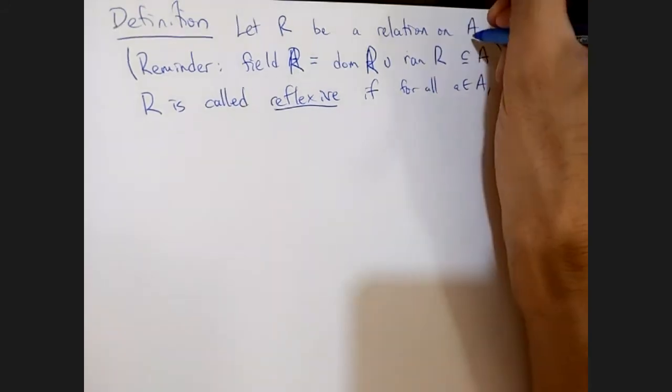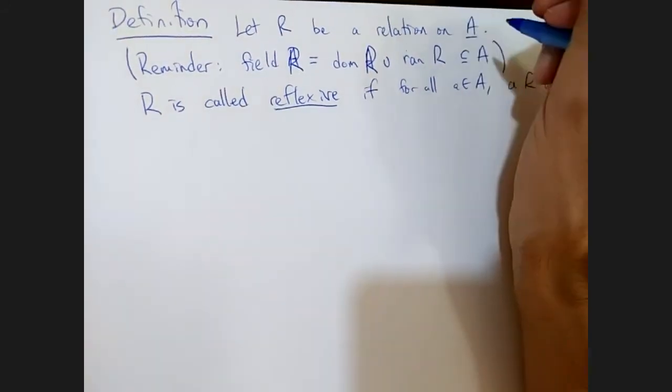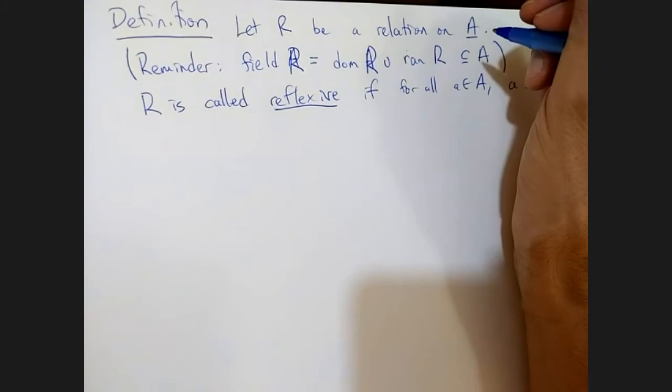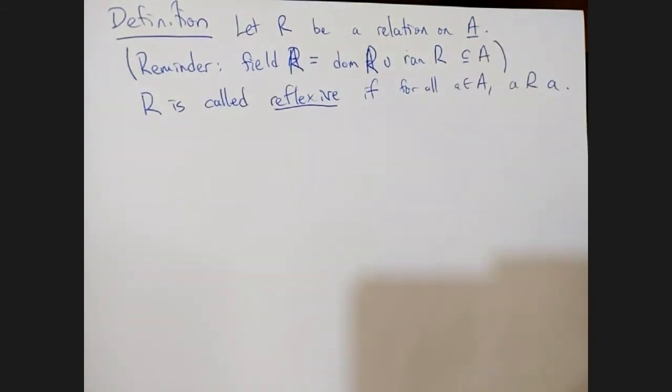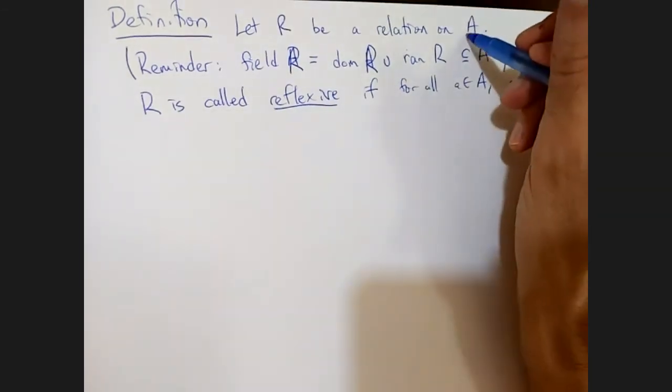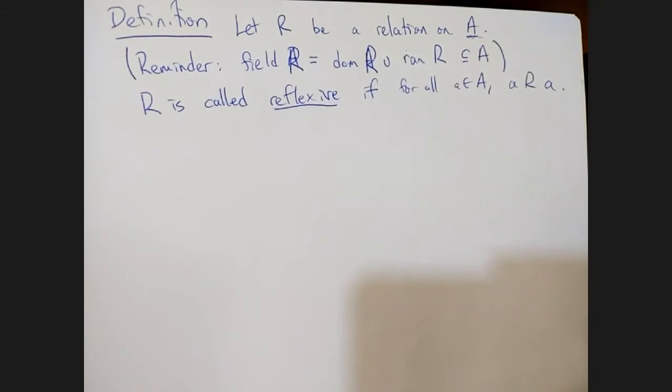You have to specify what it is reflexive on. You can't just talk about a relation being reflexive. You have to be talking about a relation on A. A relation may be reflexive on the integers but not reflexive on the real numbers. So whether R is reflexive or not depends on what A is.